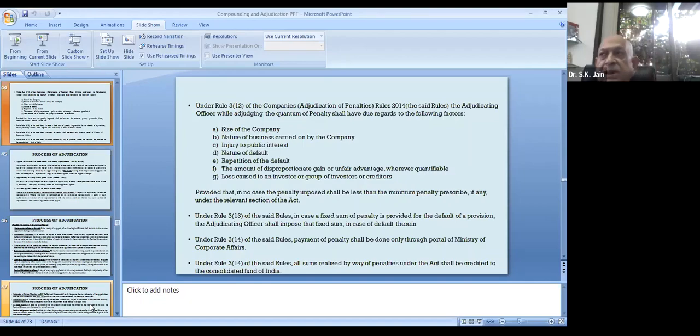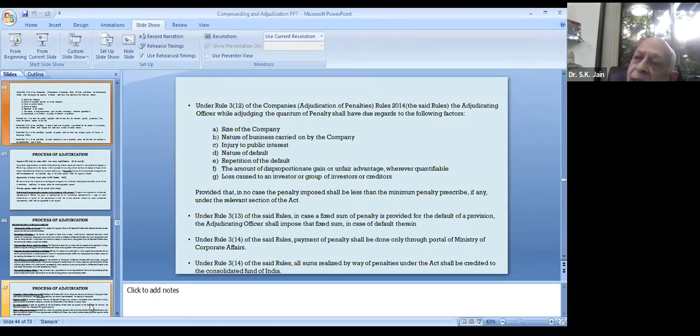Now, it is very difficult for the ROC to quantify what gain the noticee has made or what loss has been caused to the public at large because of these non-compliances. So he will write in the order that the gain or loss is not quantifiable.